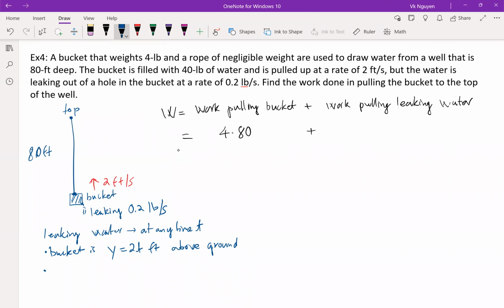And also the water is 40 minus 0.2t pounds. Losing water. Moreover, during the time interval dt, the bucket moves a distance dy.